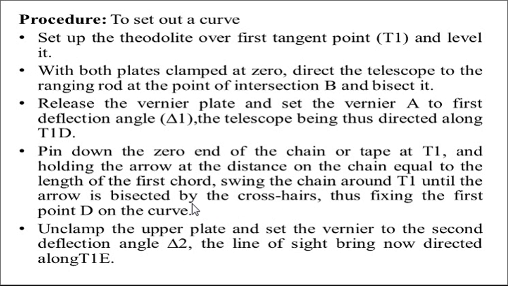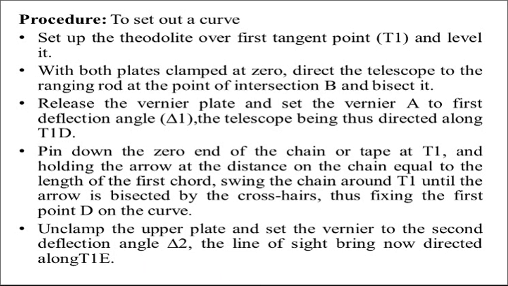Next one, unclamp the upper plate and set the vernier to the second deflection angle delta 2, and then our line of sight will be in the direction of line T1E. Then we have to measure the length of the second subchord, and on this line we have to set out the second point on the curve, that is E.